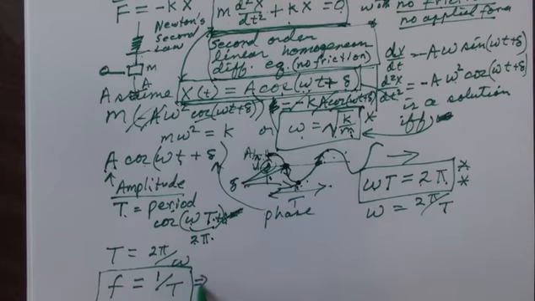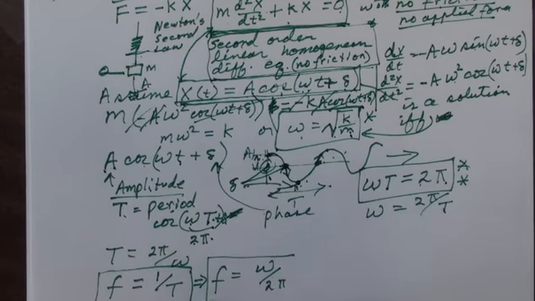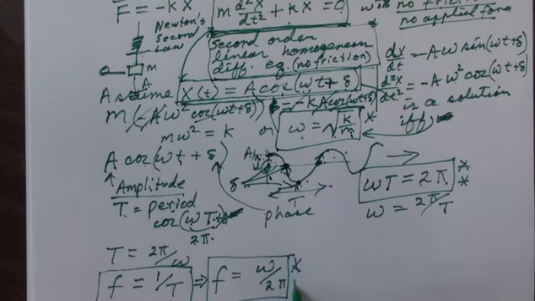Therefore, this implies that the frequency is going to be the reciprocal of this, or it's going to be omega over 2 pi. So conversely, we can say that omega is the angular frequency, and this is the regular frequency, and they differ by 2 pi. Likewise, you can say omega is 2 pi times f.